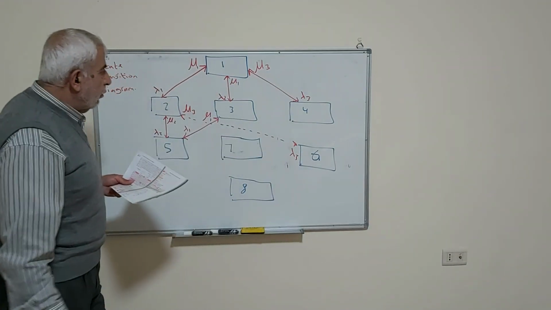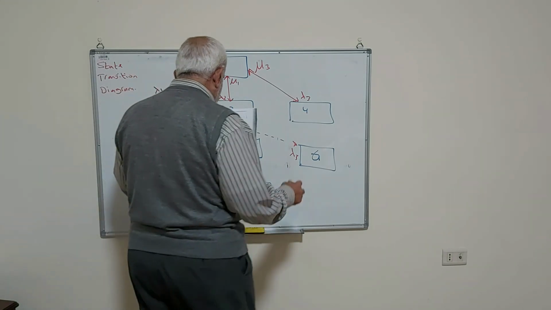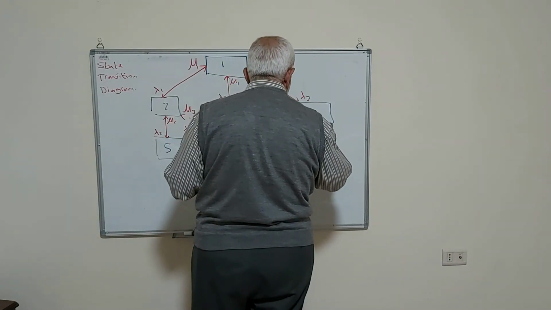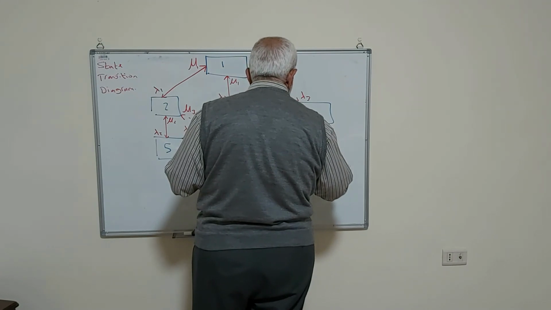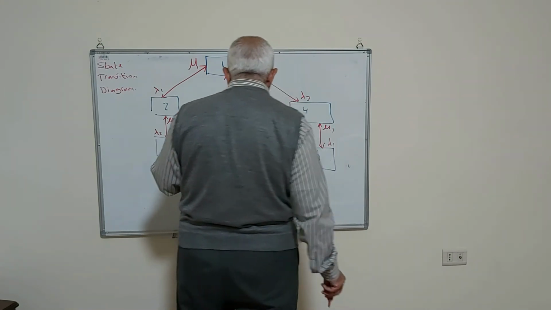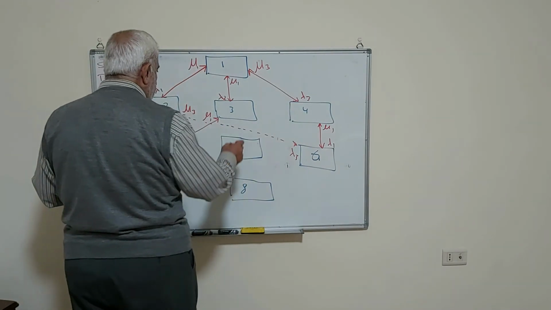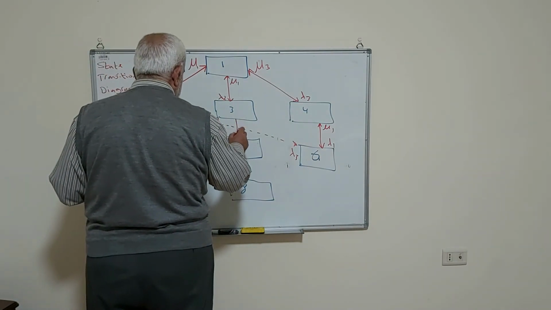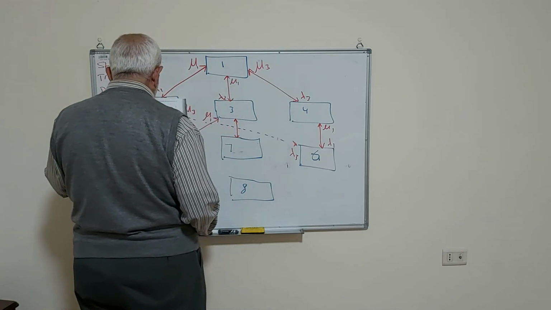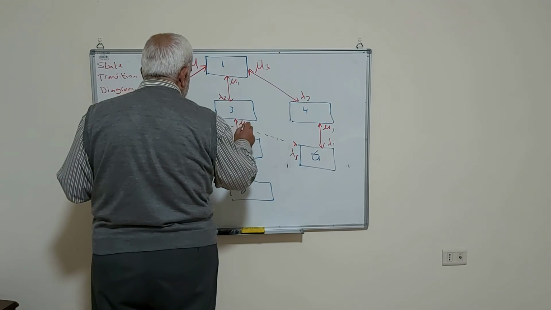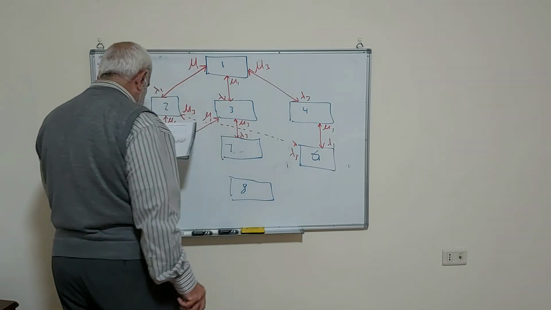And so on. Therefore, I can go from here by mu 1 and here lambda 1. From 7, I can go up from 7 to 3 by mu 3 and this is lambda 3.